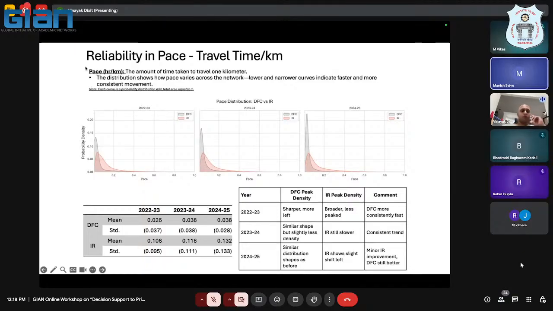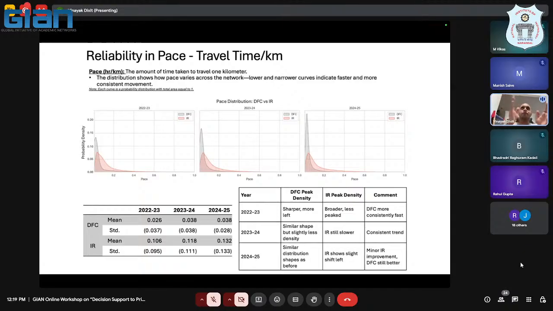So the first thing is, when you're looking at reliability, you can look at reliability based on speeds, but what is generally useful is looking at reliability in terms of travel time. What is your mean travel time and what is the standard deviation of your travel time? But different trips are experiencing different distances. Does that make sense?